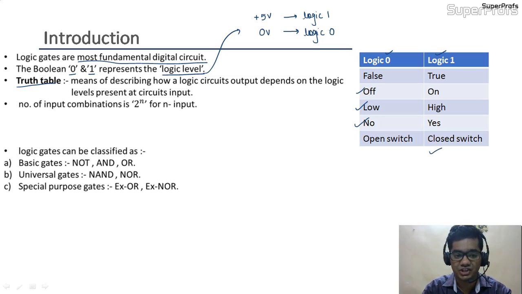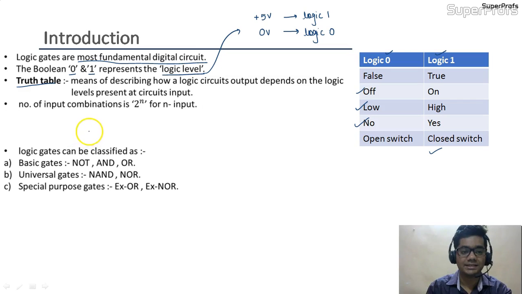So on the basis of input we are getting the output, and the representation of such cases is given in the truth table.